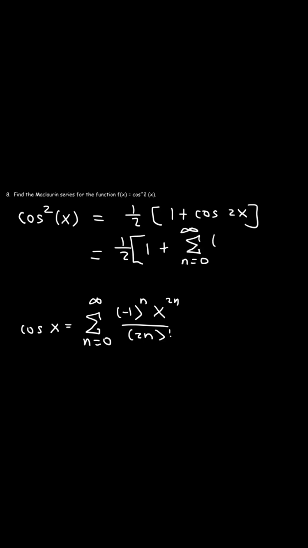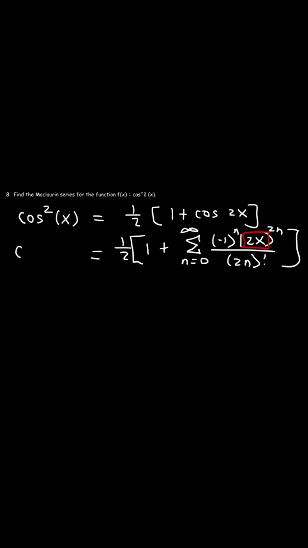It's going to be negative 1 to the n times 2x raised to the 2n divided by 2n factorial. So all you need to do is replace x with 2x. And that's it for this problem. So you can leave your answer like this if you want to. And so this is the Maclaurin series for cosine squared x.